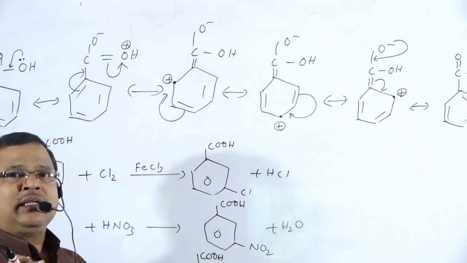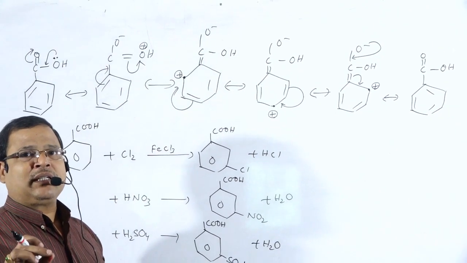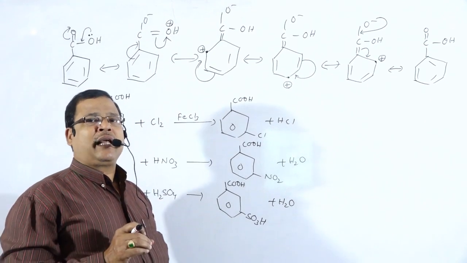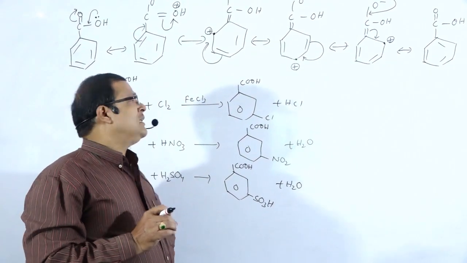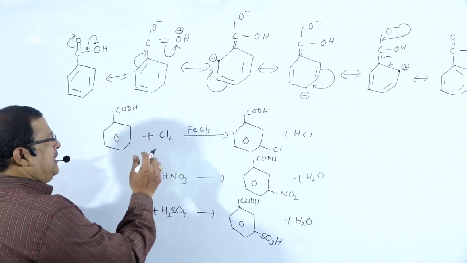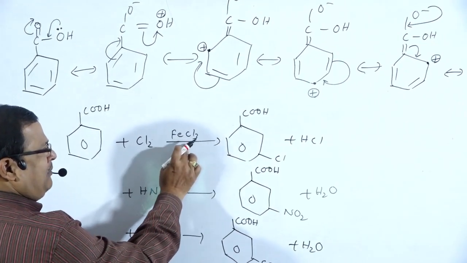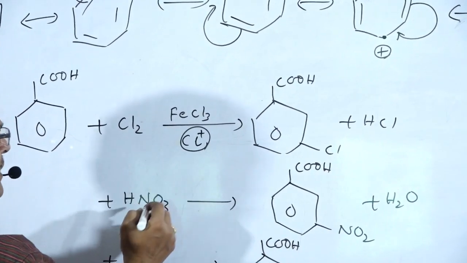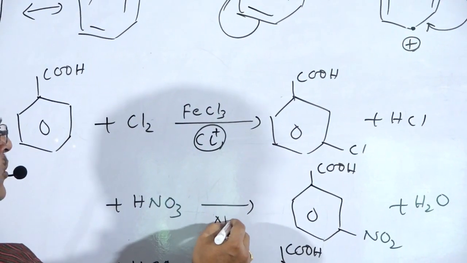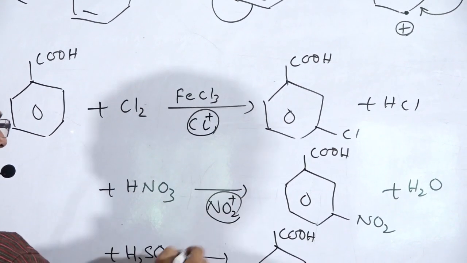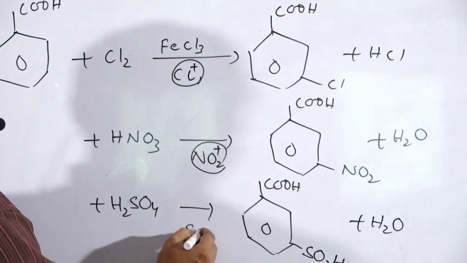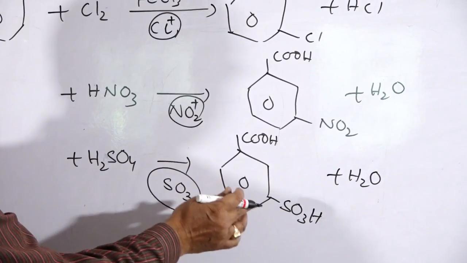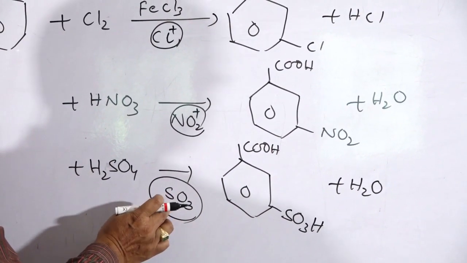Electrophile means an electron deficient species that is positively charged or contains electron deficient species, like the boron family elements. If we take Cl2 and FeCl3, the electrophile generated is Cl plus. With nitric acid, the electrophile is NO2 plus, and with sulfuric acid, the electrophile is only SO3, not SO3 plus. There is attachment of SO3H, but the electrophile is SO3.